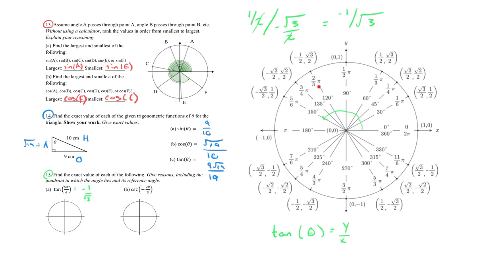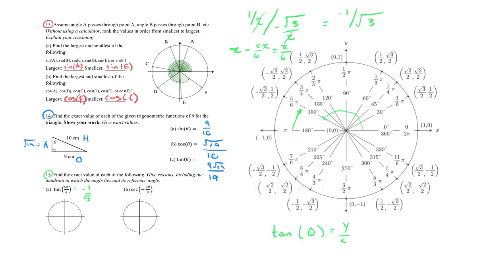And we know it should be negative because in the second quadrant, tangent is always going to be negative. So lastly, we just need to find the reference angle, which is going to be the angle from here to here, which we can see is going to be pi over 6. But if you wanted to show that algebraically, it's going to be pi minus 5 pi over 6, which is going to be just pi over 6.